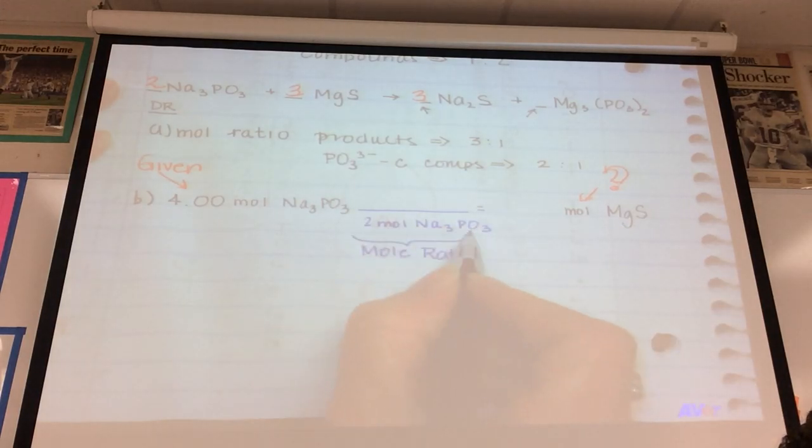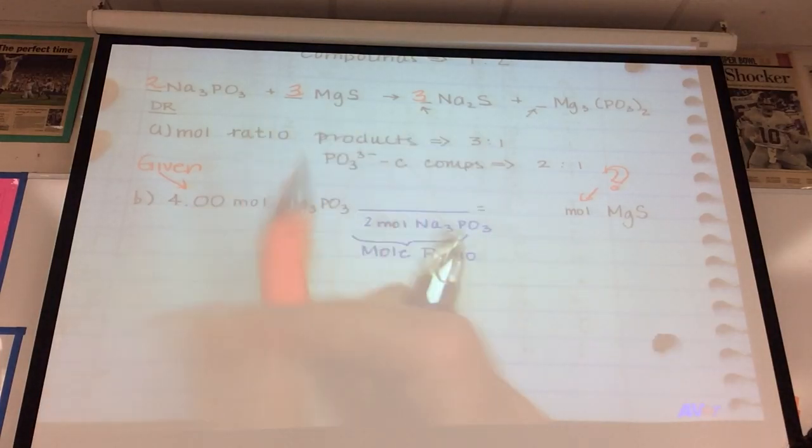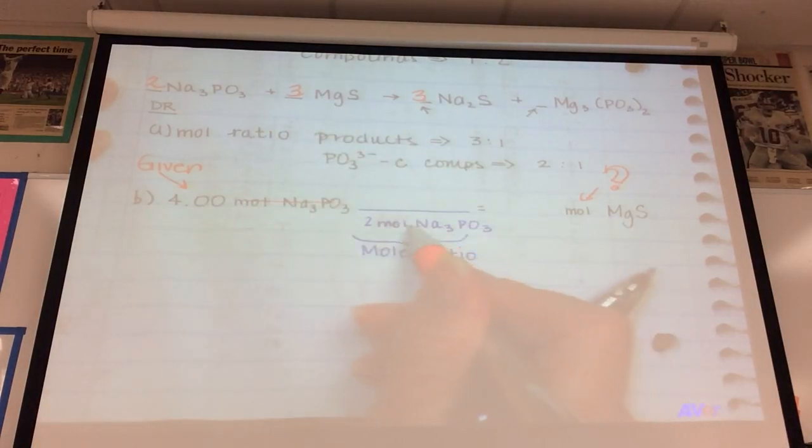I do moles of sodium phosphate here in order to get the unit and the substance to cancel.